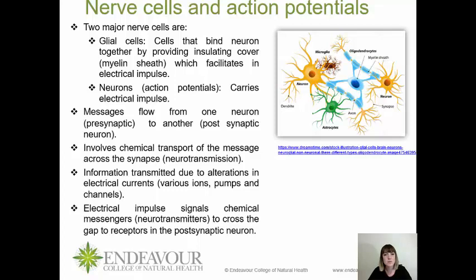There is a small gap in between each neuron, and the flow of information from one neuron to another, or neurotransmission, actually involves chemical transport of that message that's being sent. And where we have a chemical signalling system, we have the potential for that system to be changed with the actions of drugs, and that's what we're looking at here.